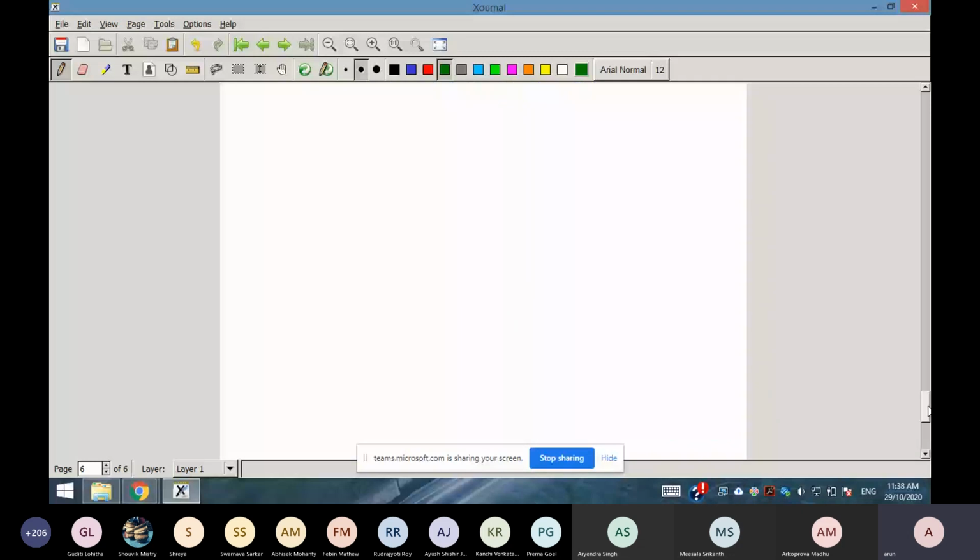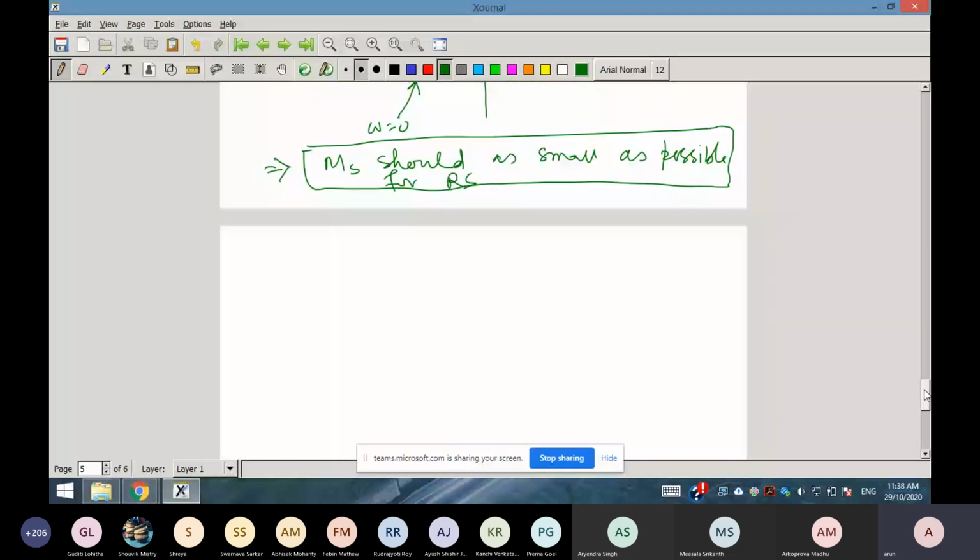So now, S equal to what? 1 by 1 plus L. As L has low pass behavior.